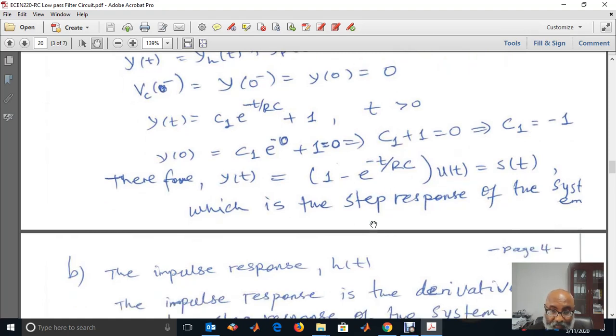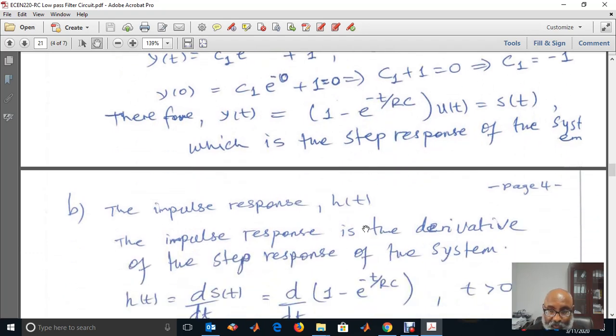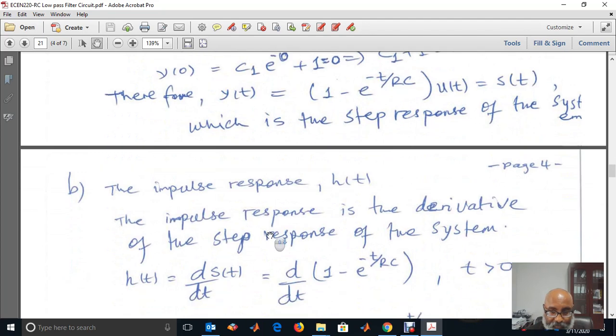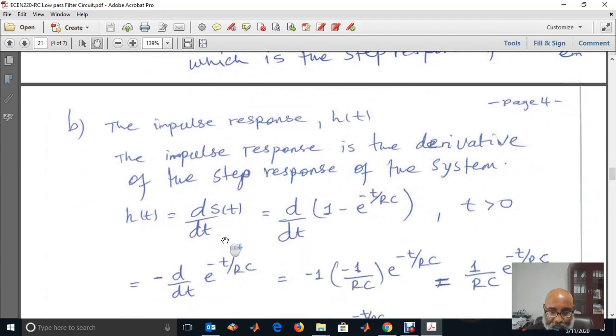So how do we find the impulse response? Easy. We find the impulse response from the step response. The impulse response is the derivative of the step response, the derivative of 1 minus e raised to minus t over RC for t greater than 0. The derivative of the constant 1 is 0.